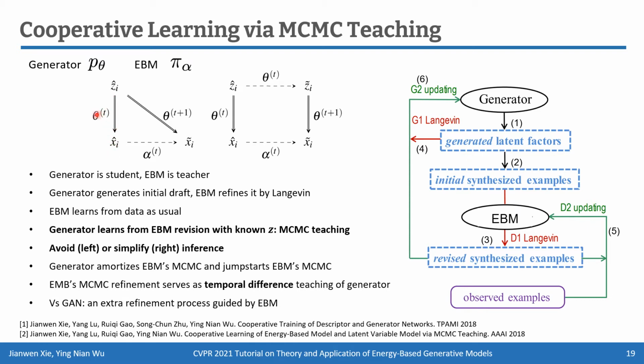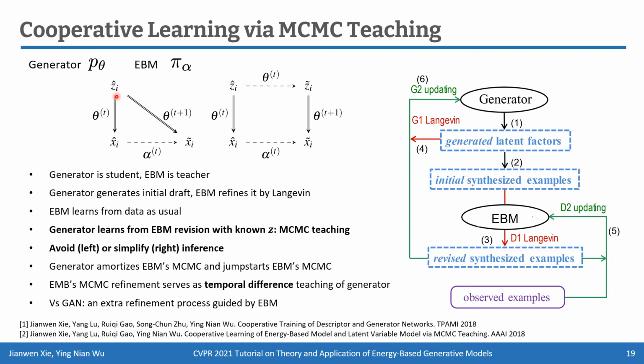Now we update our parameter from theta t to theta t plus 1 so that this zi hat now reconstructs this xi tilde, the revised example. This way, we distill this finite-step Langevin dynamics into the generator model. The generator model learns from the revision made by the EBM.